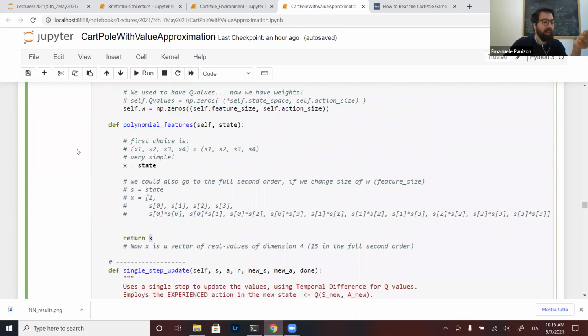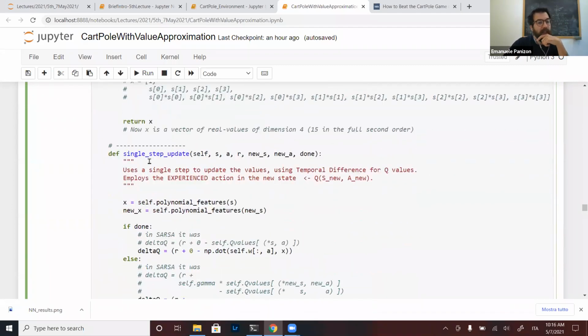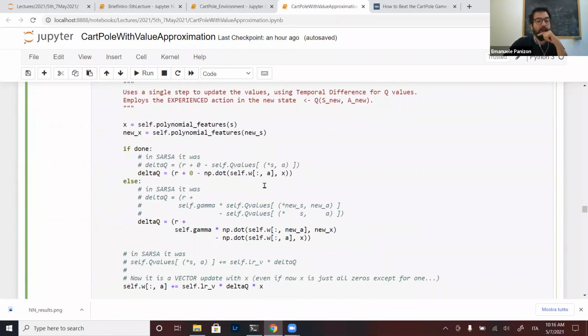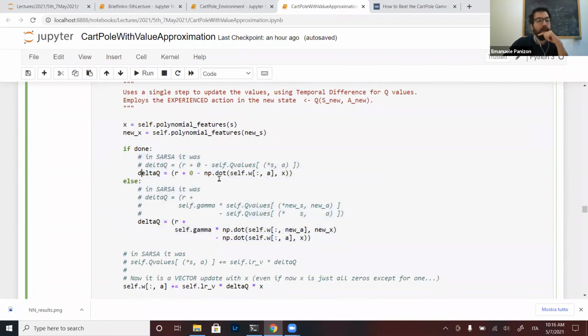Before, I had state aggregation here, but now I only produce X from the polynomial features. Then the single step update is done with this very simple thing here, which is the equivalent of the formal definition. The approximate Q value is the dot product between the vector of the weights and the feature vector. Like the Q value in the new state and the new action is the dot product between the weights and the new feature vector.